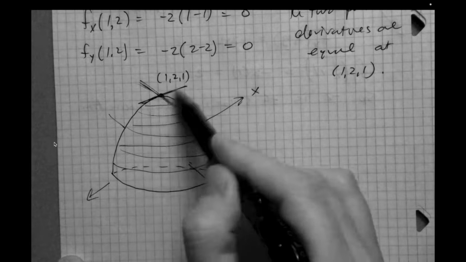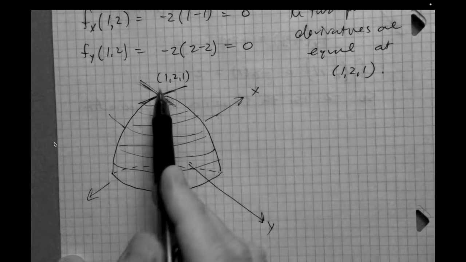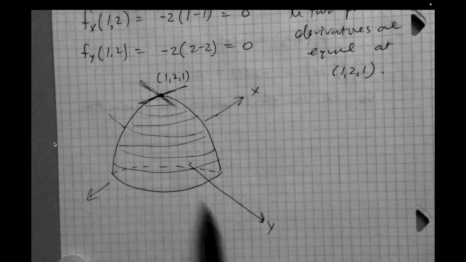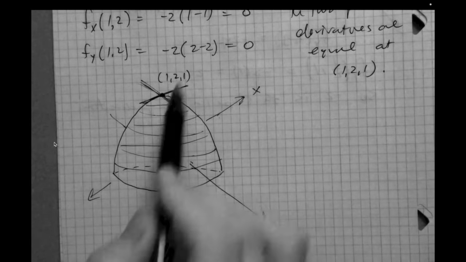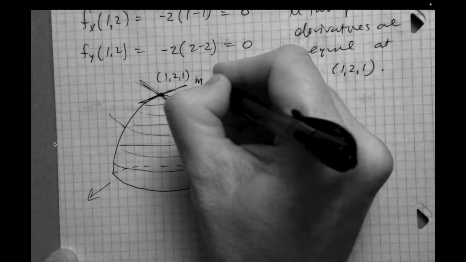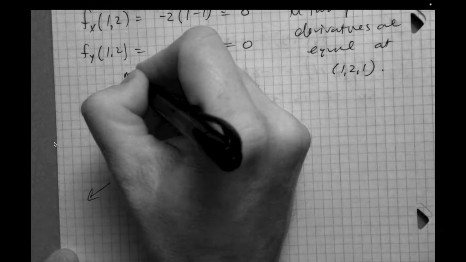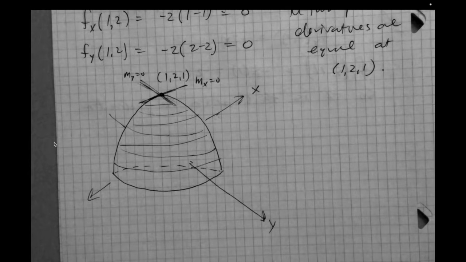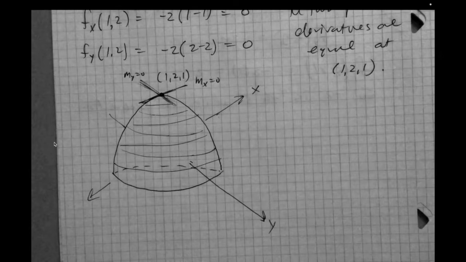Right, so this one here is meant to indicate that it's parallel to the x-axis, and this one here is meant to indicate that it's parallel to the y-axis. And so that's how you have a slope of 0 for both of them, right? Because at this point, this is kind of like the topmost point of this shape. Okay.